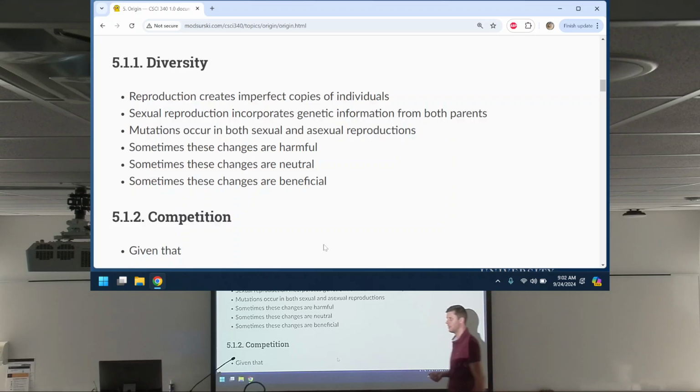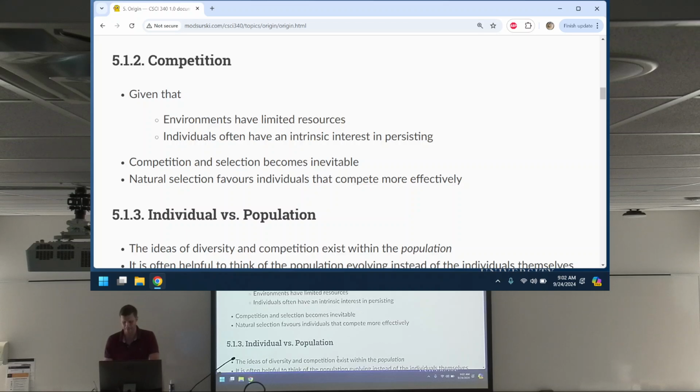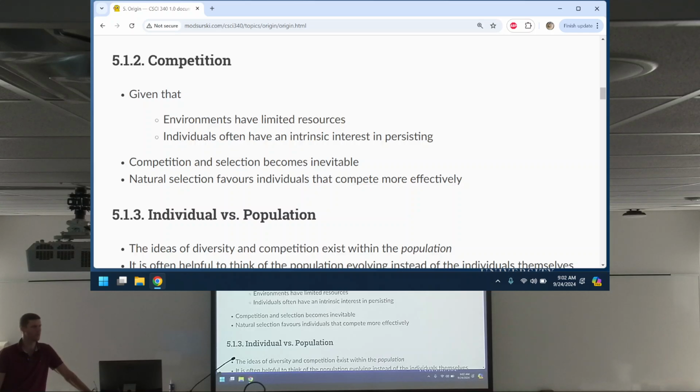And competition is kind of like the flip side of the diversity. Not necessarily, but we can kind of think of it like that. Given that environments have limited resources and individuals have an intrinsic interest to persist, competition and selection becomes inevitable. It's going to have to happen. How many computers are there in this room? 1, 2, 3, 4, 5, 6, 7, 8, 9, 10.